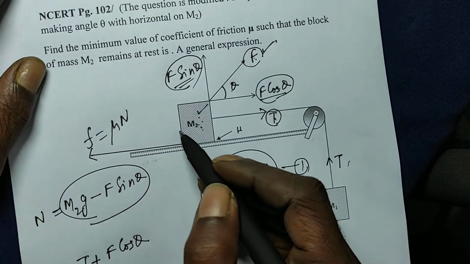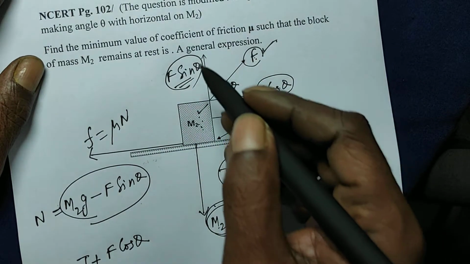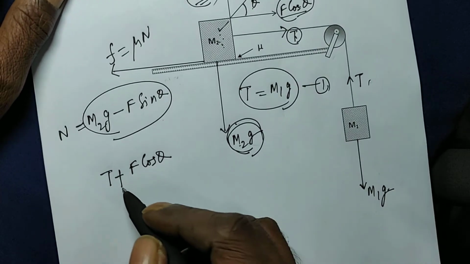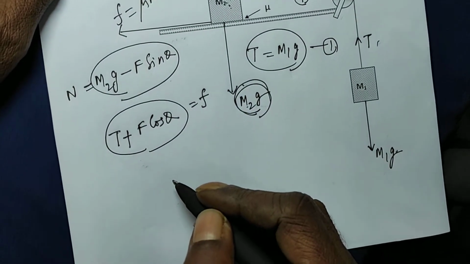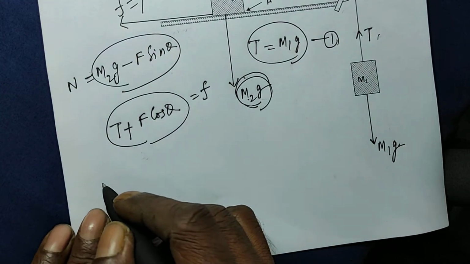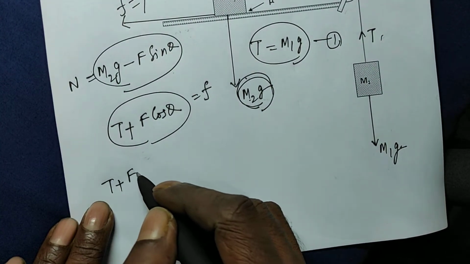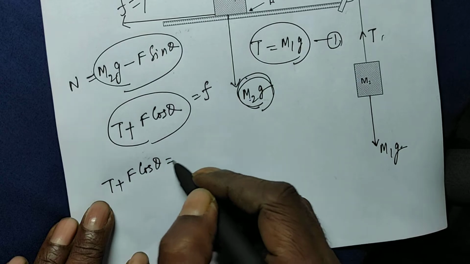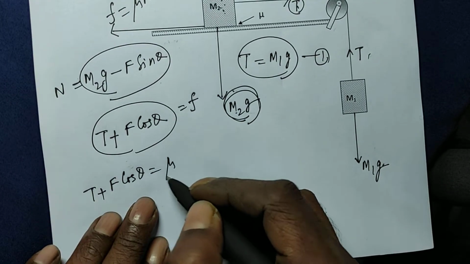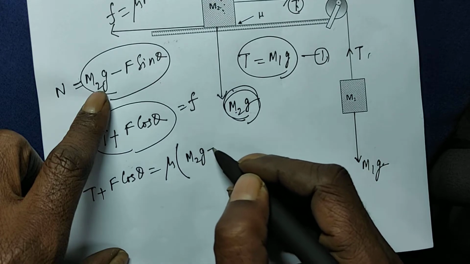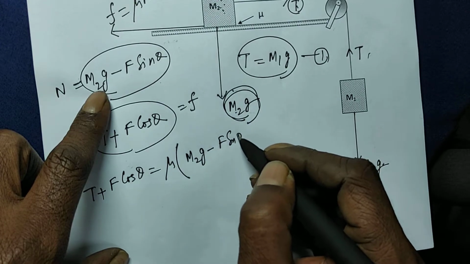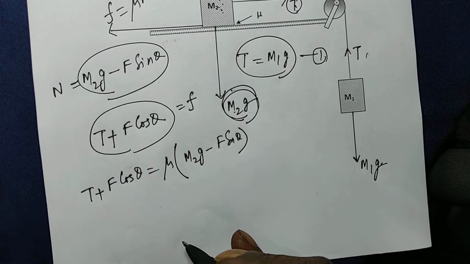So if M2 is not moving towards right as it is given, this force must be balanced by the opposing force, force of friction. So your T plus F cos theta is the force of friction, that is equal to mu times the normal reaction, M2g minus F sin theta.